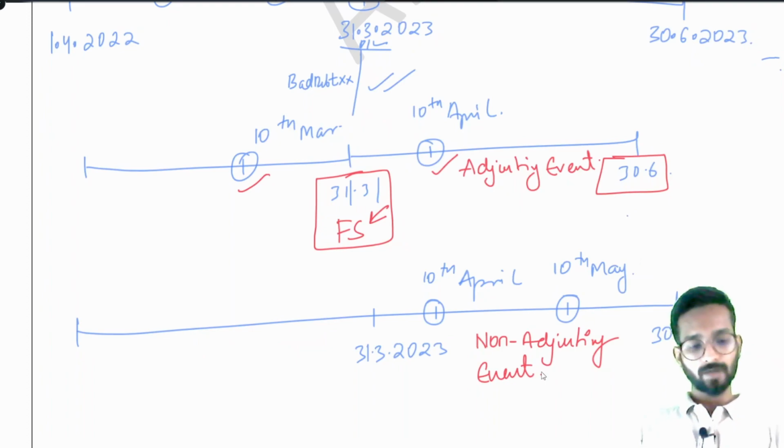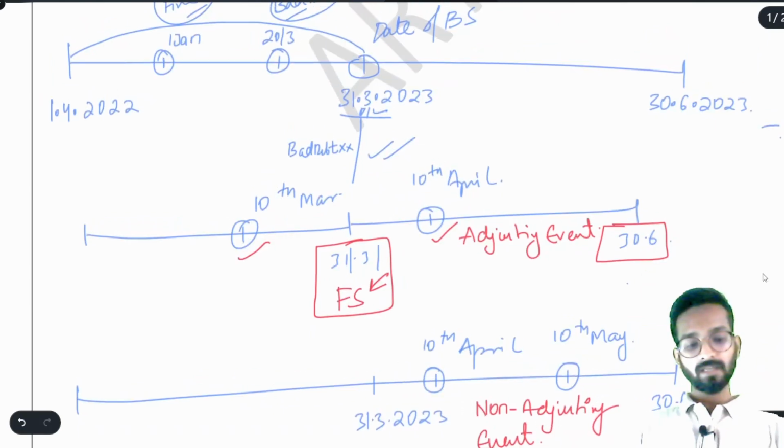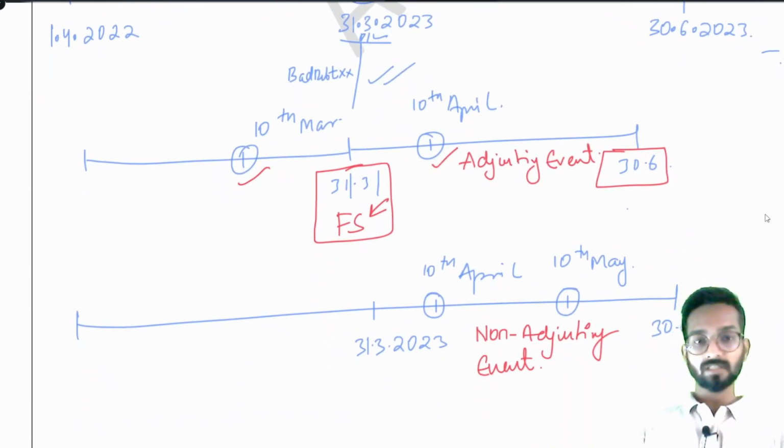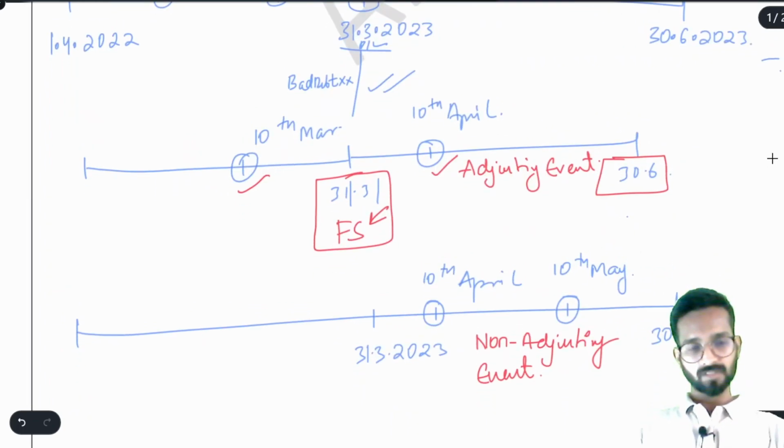Very easy. Now, sir, can you tell us an example which is a non-adjusting event but still it is very different, or we have to make changes in financial statement? Oh, so you are talking about exceptional cases? Yes, sir. See, there are exceptional cases obviously.